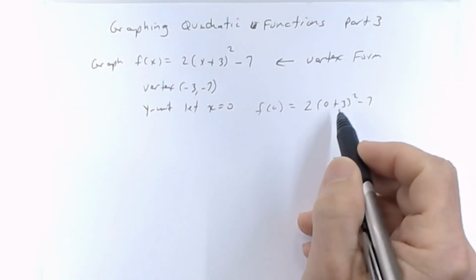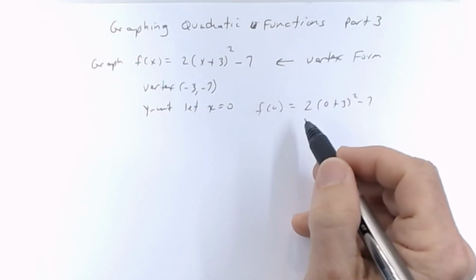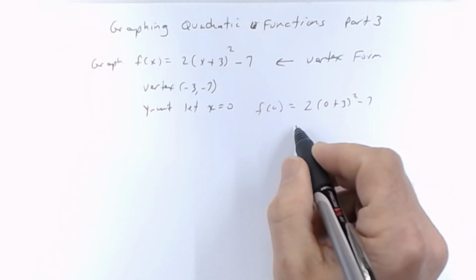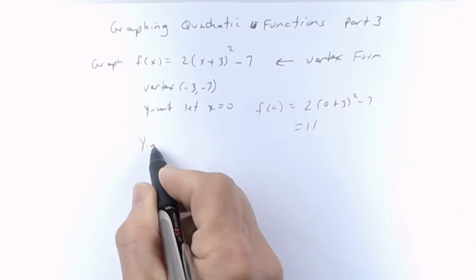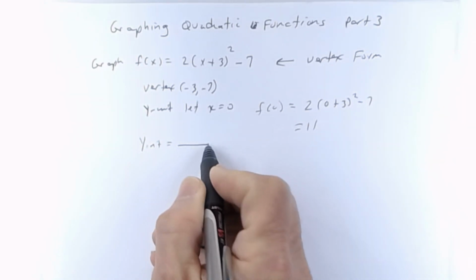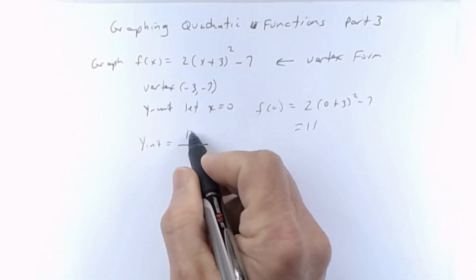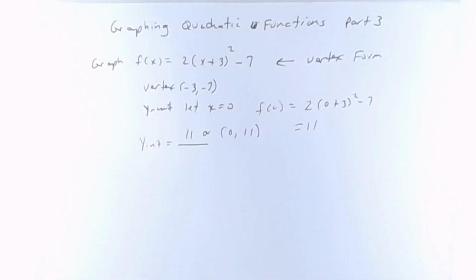And then what's 0 plus 3 squared? 9 times 2 is 18, minus 7 is 11. So my y-intercept, if I don't tell you to write it as an ordered pair, then you can just say 11, or as an ordered pair it would be (0, 11).